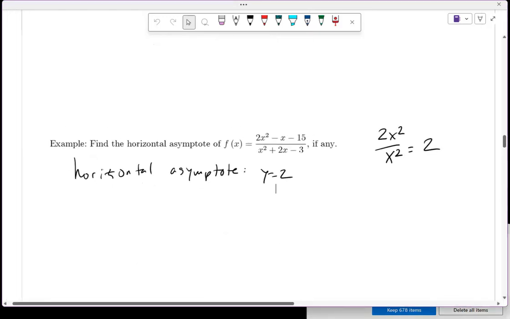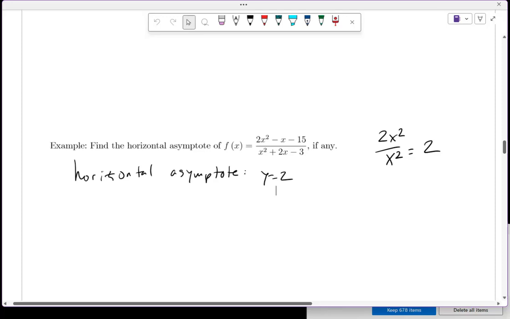All right. So last time we talked about vertical and horizontal asymptotes. So let's see if we can summarize what we talked about last time, do some examples, and then we'll get into some new stuff.